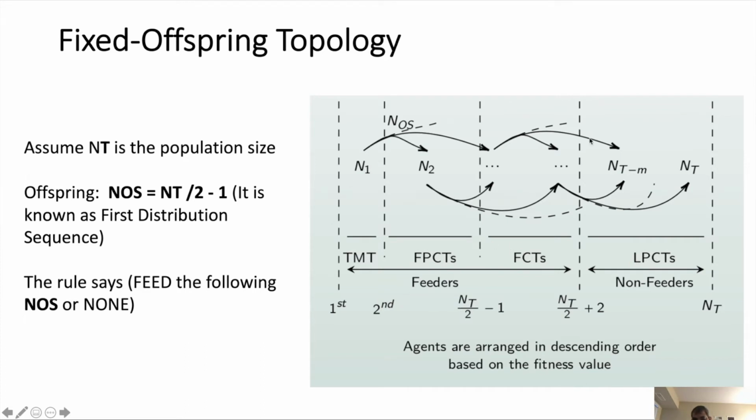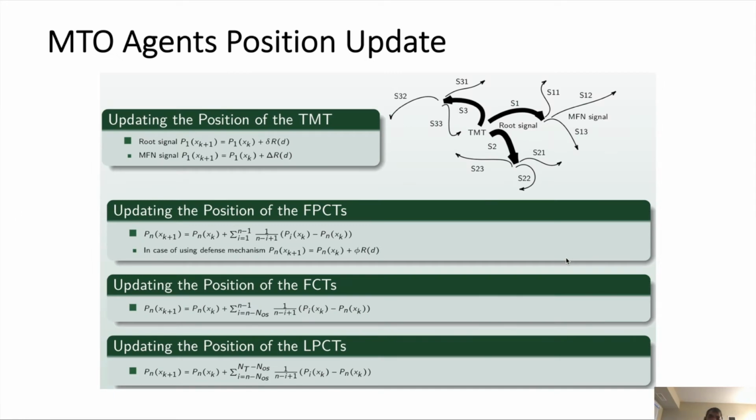The first 3 groups are feeders, and the last group is non-feeder, so this group cannot feed anyone in the population. So this is the way that the agent in the population will update its position.